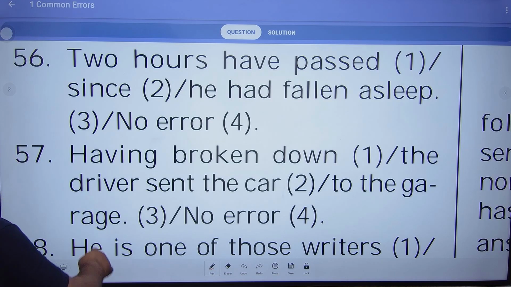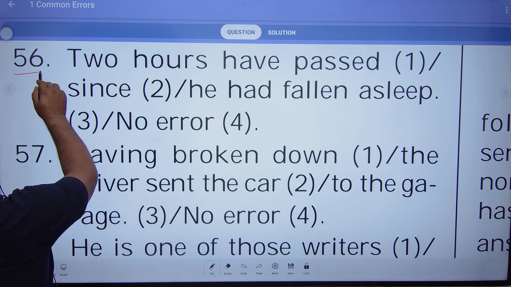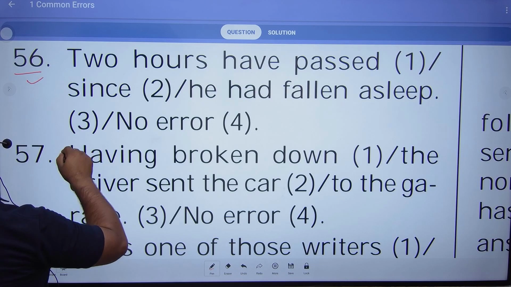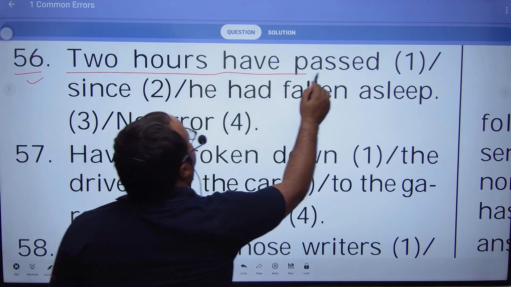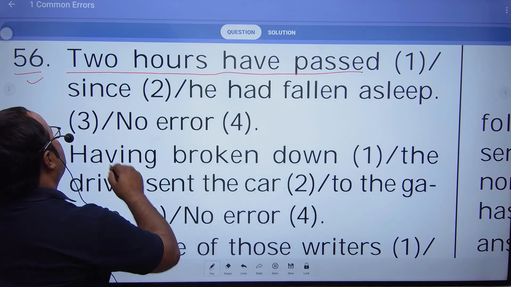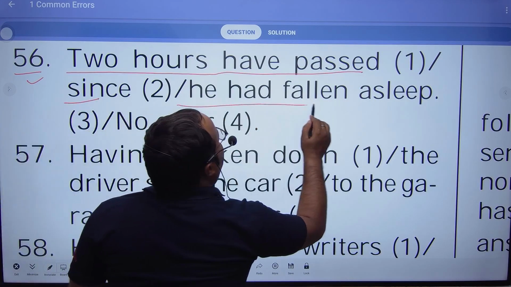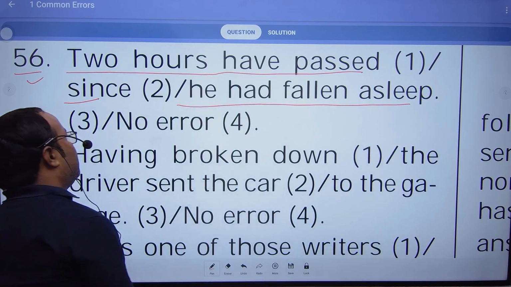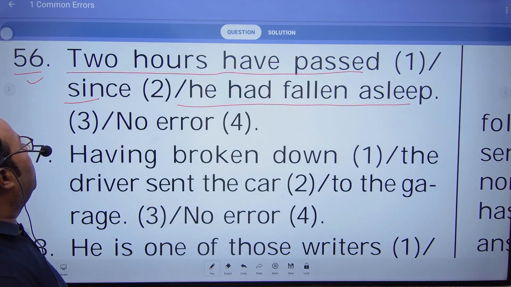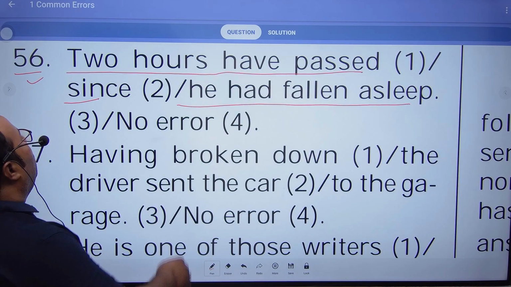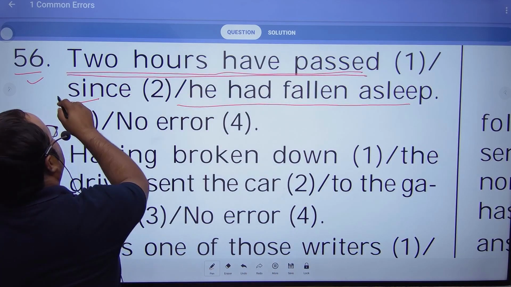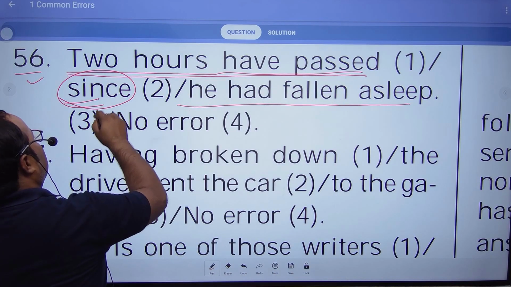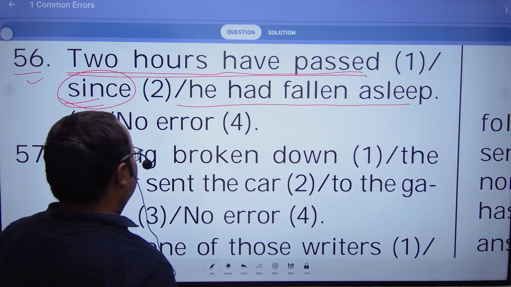So here I am telling you the 6th question in this video. The 2 hours had passed, 2 घंटे बीत चुके हैं, since he had fallen asleep, जब से वह सो गया है. So 2 hours have passed. इस structure में since के समय दिखाने के साथ हम किसका प्रयोग करते हैं?